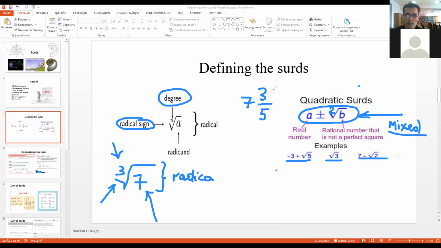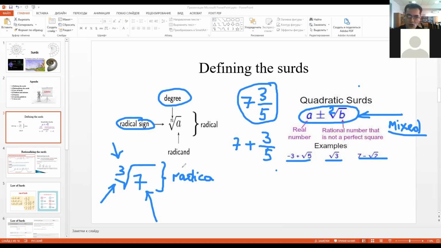This is a mixed fraction, because it has a whole number. You understand? Yeah. Okay, so let's continue. Now you understood the parts of these surds, right?